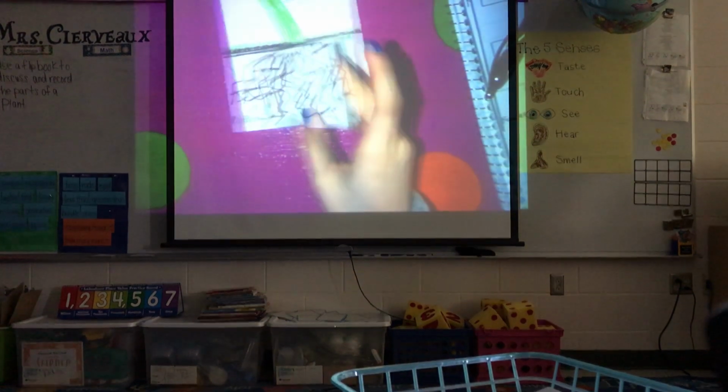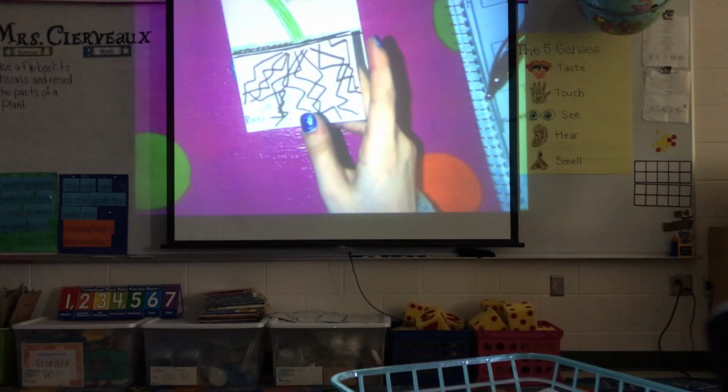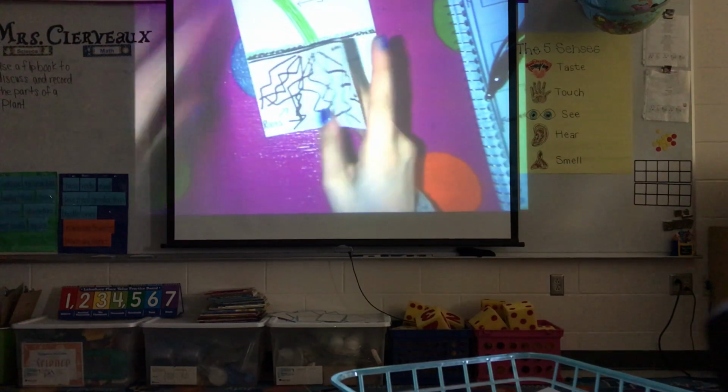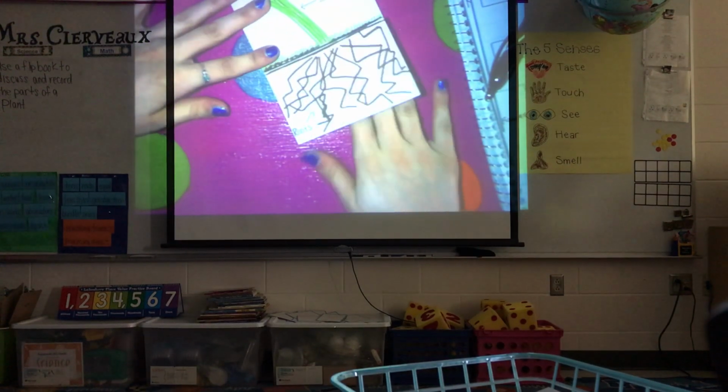Alright, go ahead and wrap up your drawing of the roots. Make sure you have your pencil out because we're going to write about what they look like now, alright?